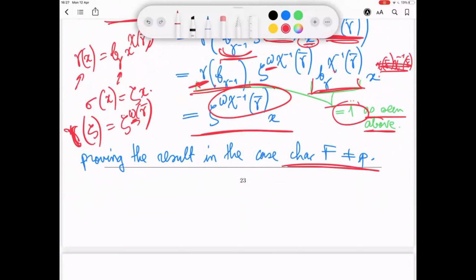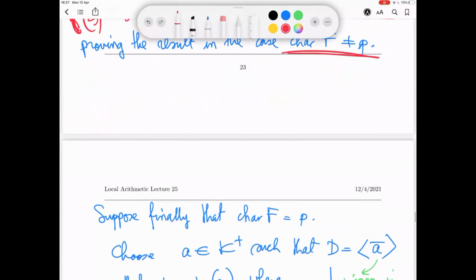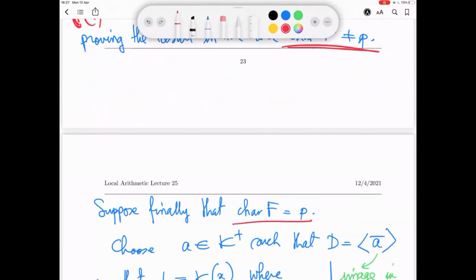Okay, so we have proved it in the case when the characteristic is different from p. Now, I have also written it down in the case when the characteristic is equal to p. I'm sure you are convinced, I mean, you anticipate the proof is not going to be any different.